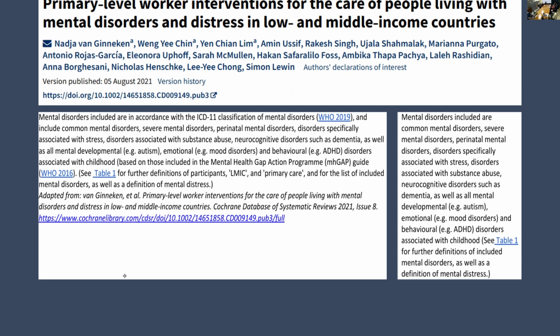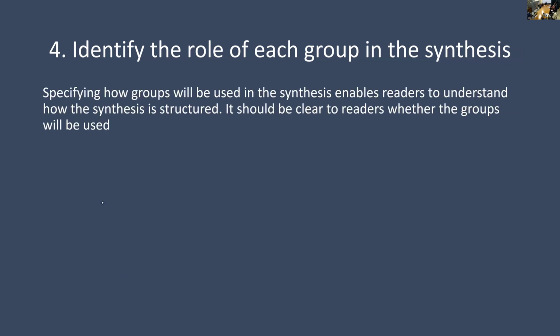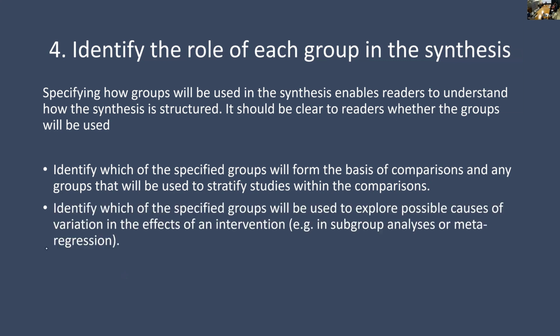For seasoned reviewers, this may come naturally, but for people who are just starting off, this is a good checklist to follow. Identify the role of each group in the synthesis. Specifying how groups will be used in the synthesis enables readers to understand how the synthesis is structured. So identify which of the specified groups will form the basis of comparison, and any group that will be used to stratify the studies within these comparisons.